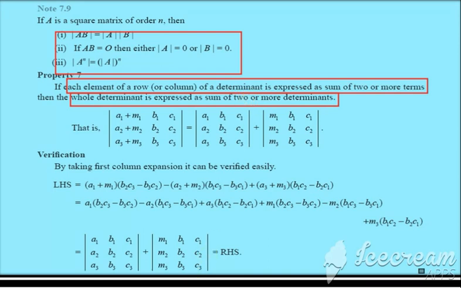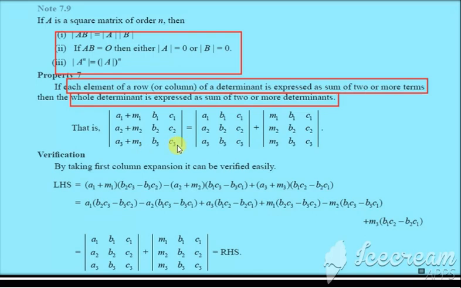That is the statement here. See here, I am taking the determinant of (a1 plus m1) b1 c1, (a2 plus m2) b2 c2, (a3 plus m3) b3 c3.